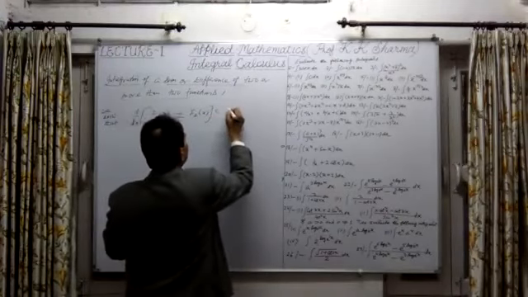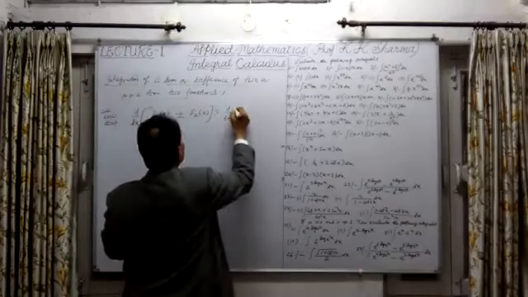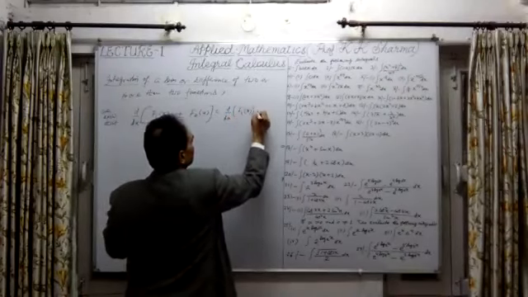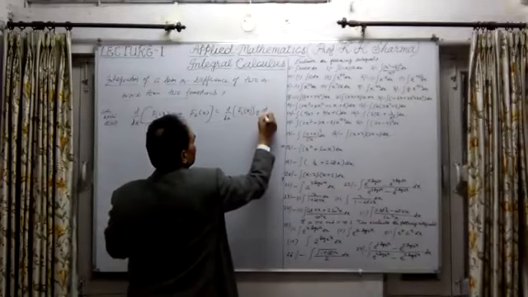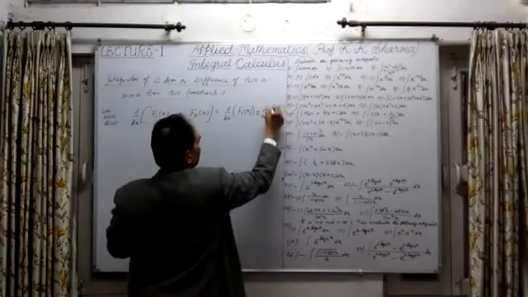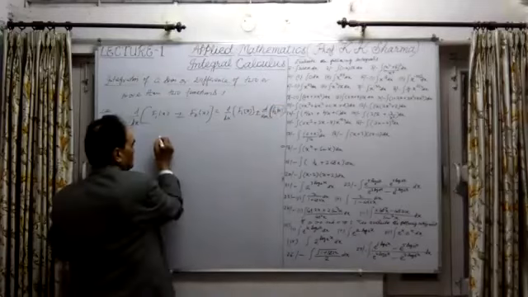It is just given to us: d/dx of F1(x) plus minus d/dx of F2(x).